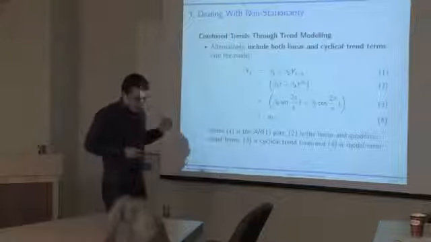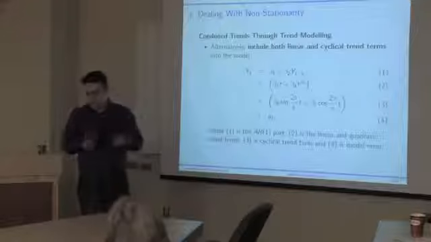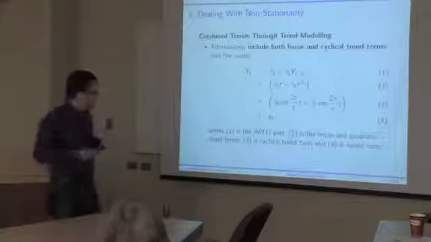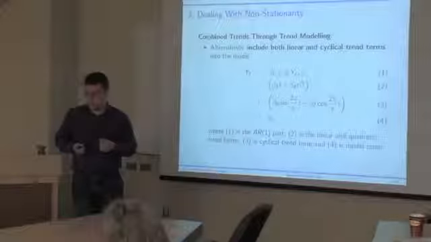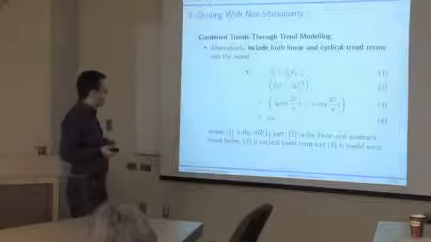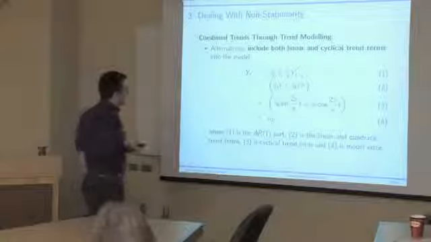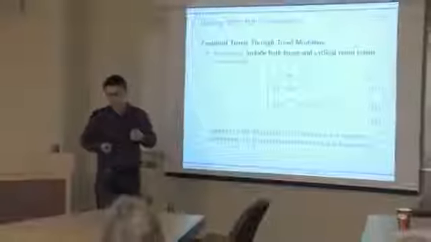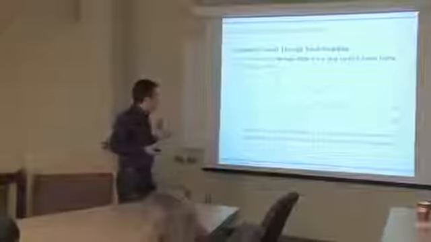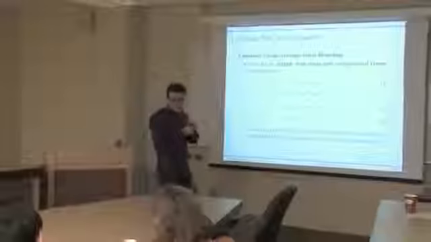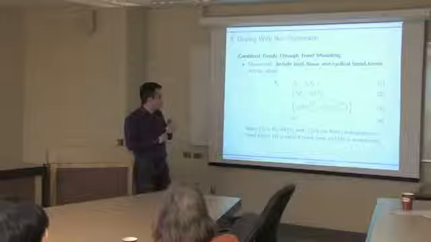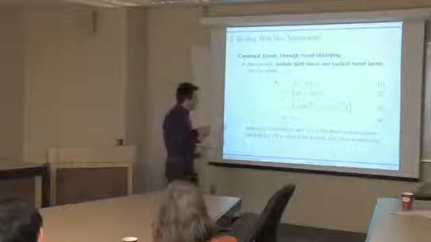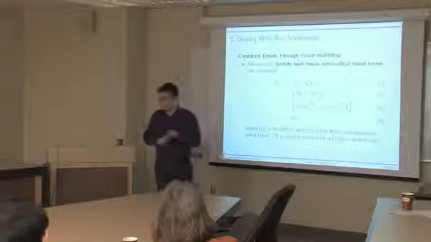But in some cases, we want to be explicit about the presence of the trends in the data, and we actually want to augment our model such that it is capable of capturing both of these trends, both the linear trend component and the seasonal trend component. What we can do, in fact, is include all of these trend terms that I've covered over the past few slides: the linear trend term, the exponential trend term, as well as the cyclical trend term.